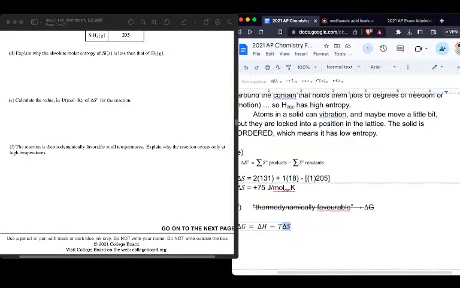I imagine it's endothermic, like you need a high temperature to make it happen. This is just a theory. If the reaction is endothermic, then delta H is positive.